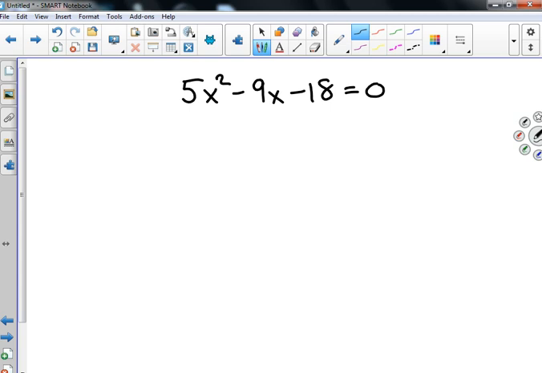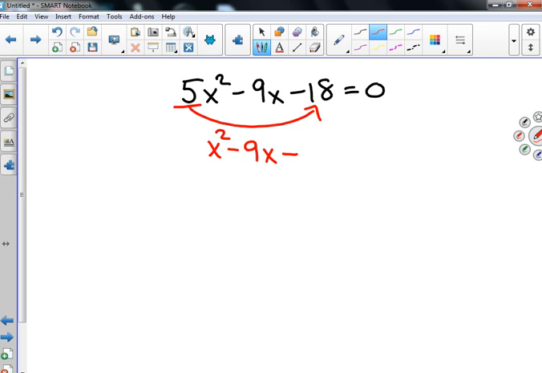So, because there is a 5 out in front, I am going to slide it to the negative 18, which will give me minus 100 minus 90, maybe?